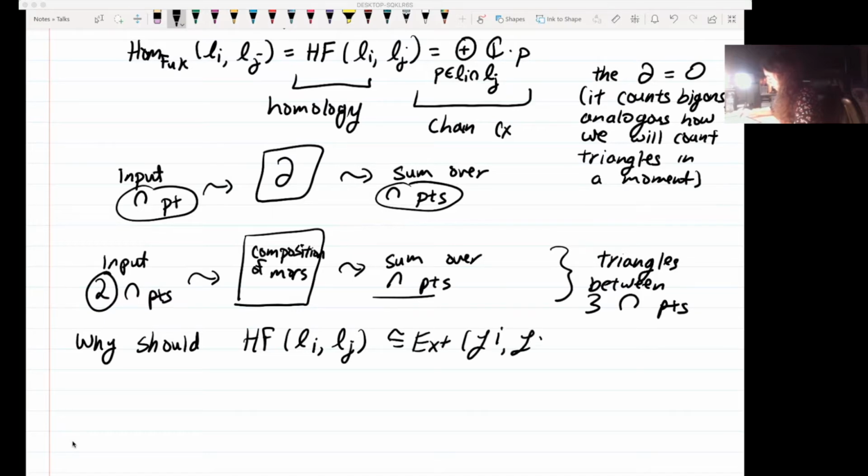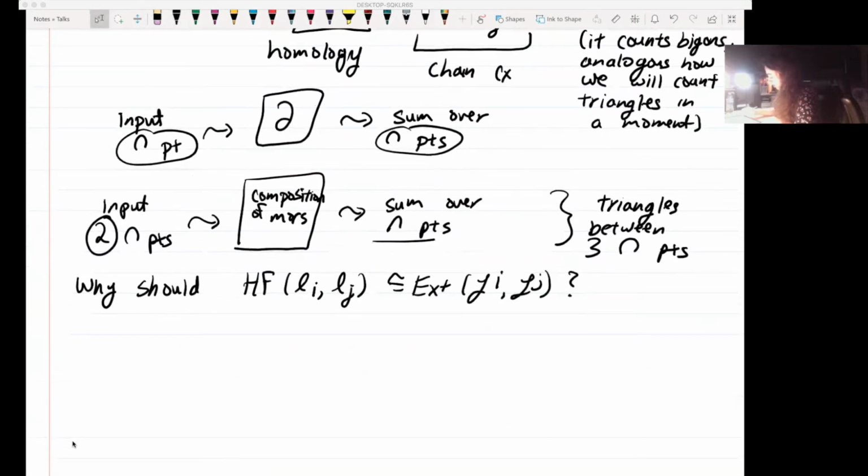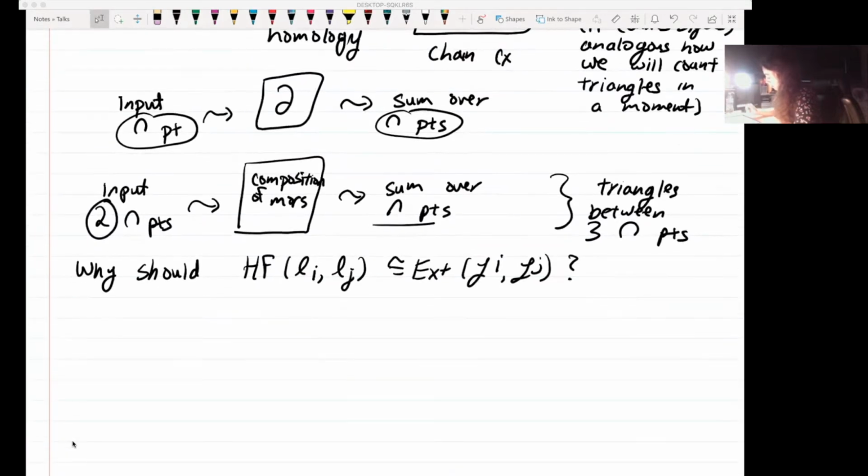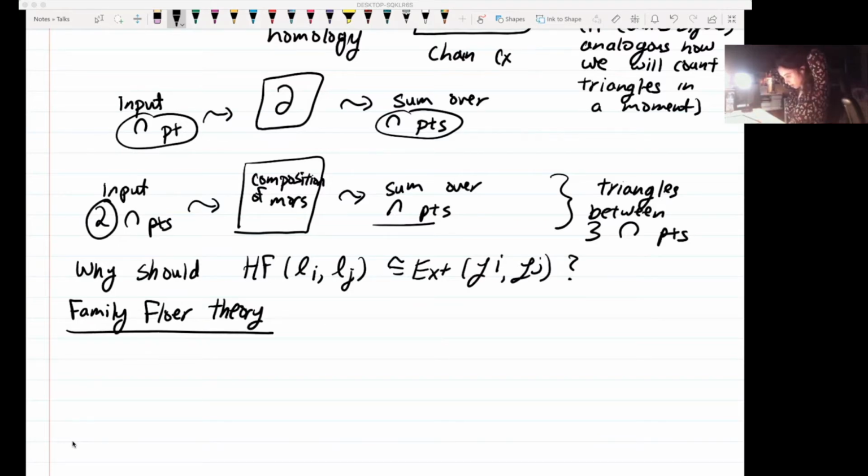And the reason is something known as family Floer theory, of Fukaya and Mohammed Abouzaid. And this is a way of building a mirror by defining your mirror so that the morphism groups are isomorphic.